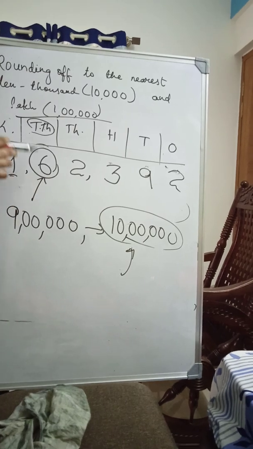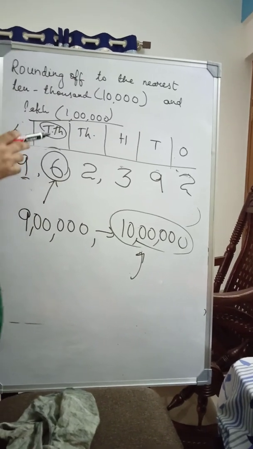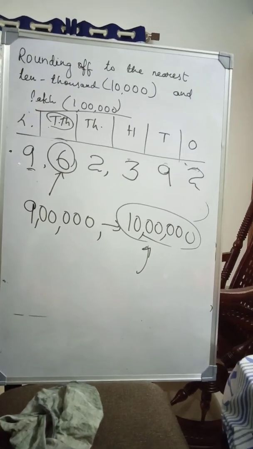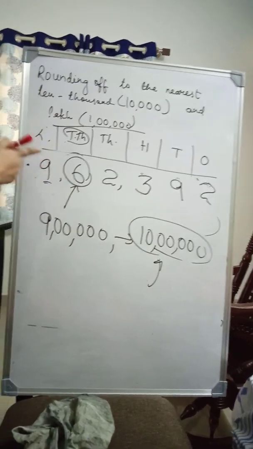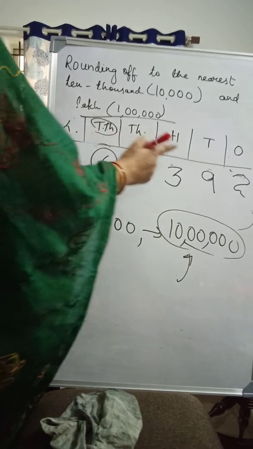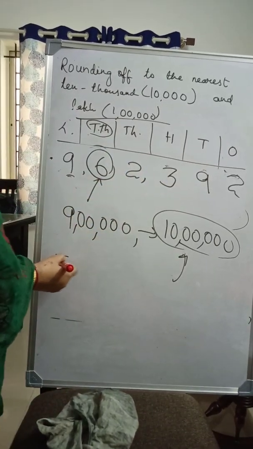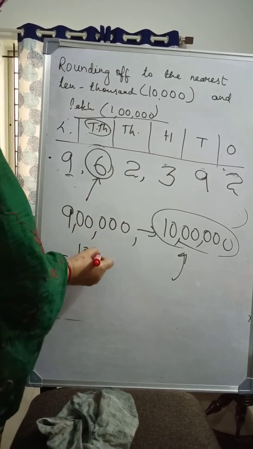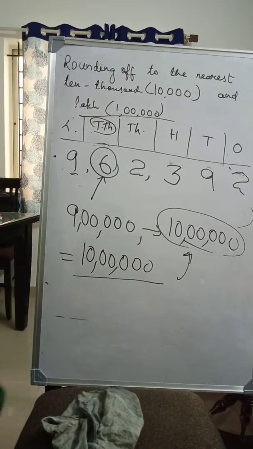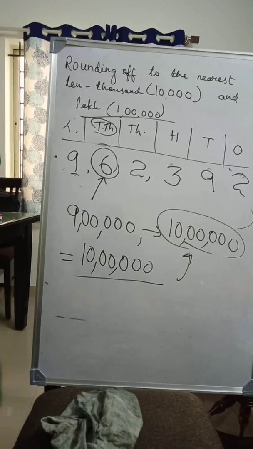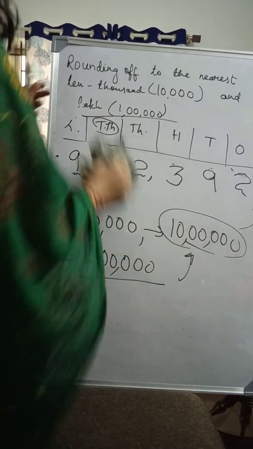So whenever the digit at the 10,000 place is 6, we have to round off to the nearest multiple of lakh, which should be more than 9,62,392. So the correct round off is 10 lakhs. This is the answer. So in this way, children, let us discuss worksheet number 3.